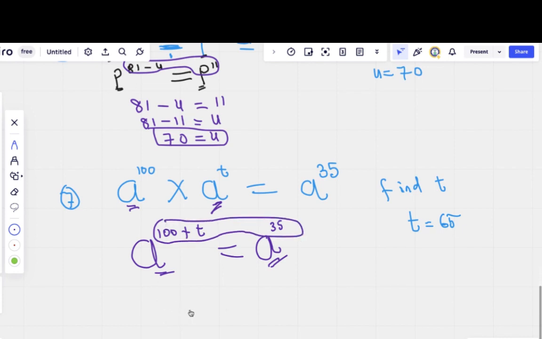So we say 100 plus T is equal to 35. Therefore, T equal to 35 minus 100. So T is equal to negative 65. Not just 65. Okay? T is equal to negative 65. Is that okay?